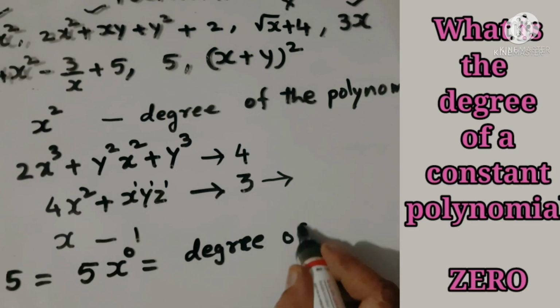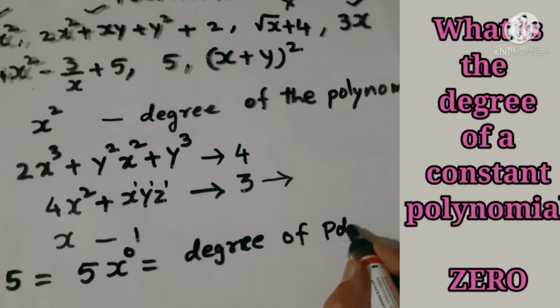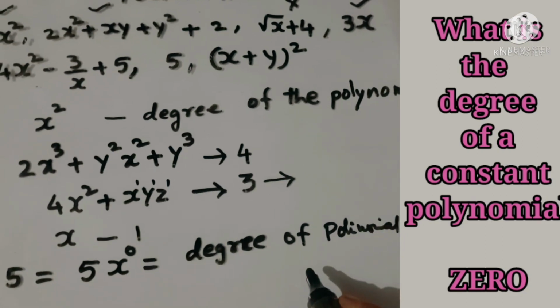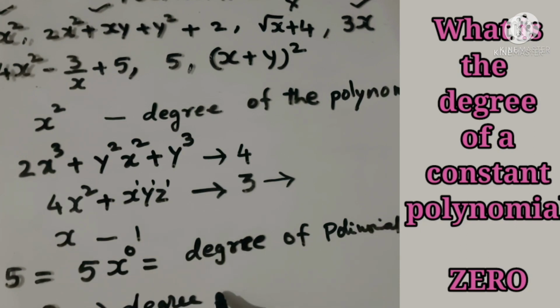The degree of a nonzero constant polynomial is 0. If 0 is given instead of 5, then what is the degree of this 0?